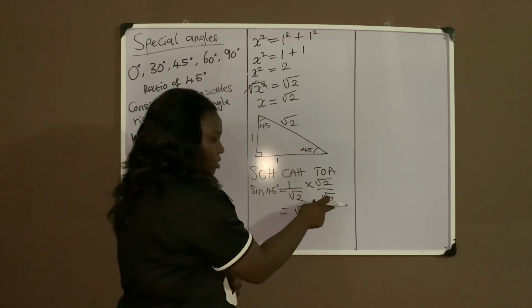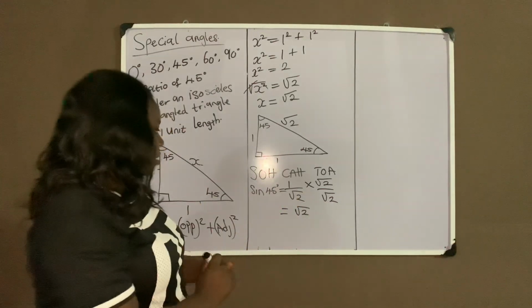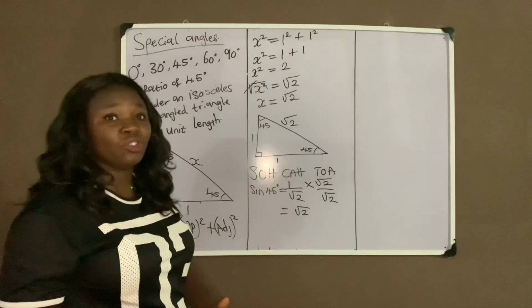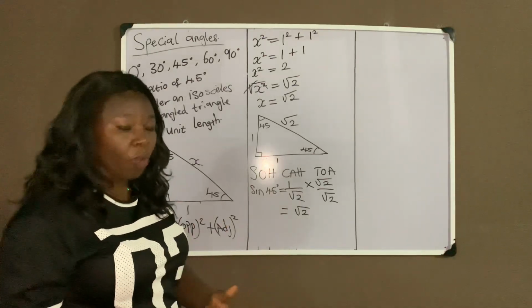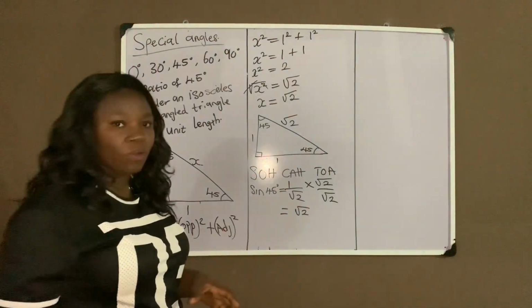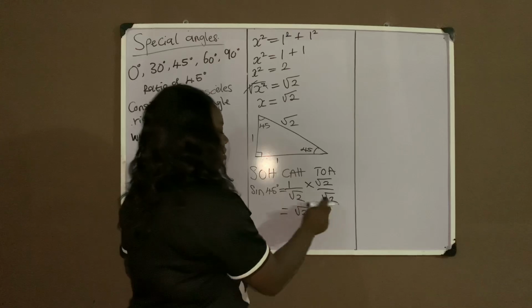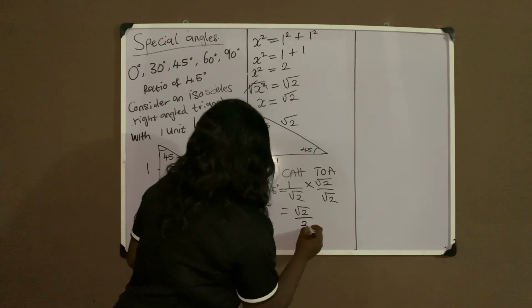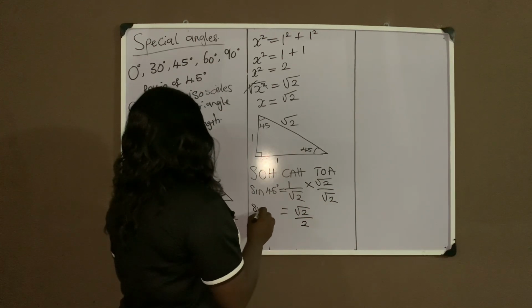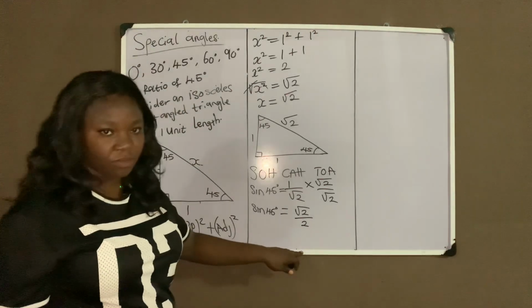Root 2 times root 2 will give us 2, because root 2 times root 2 is going to give us root 4, or we'd rather say square root of what? 4. And the square root of 4 is going to give us 2. That is why we obtain that root 2 times root 2 is giving us what? 2. So our sine 45 degree is giving us root 2 over 2.